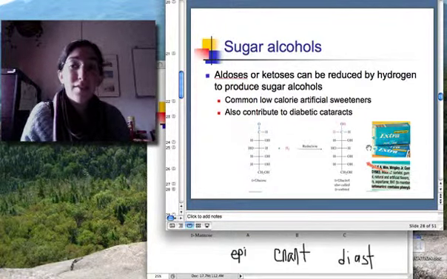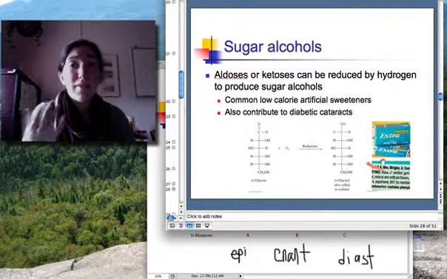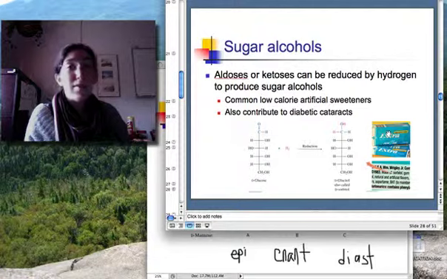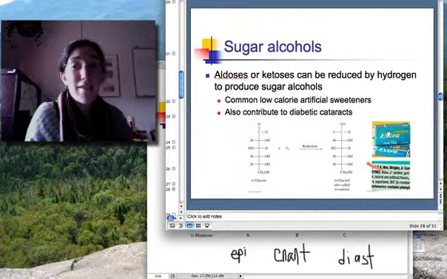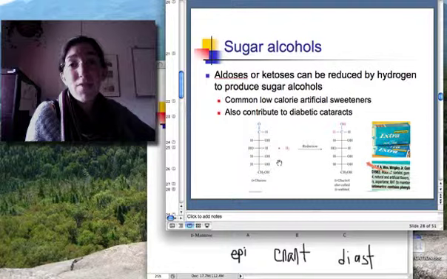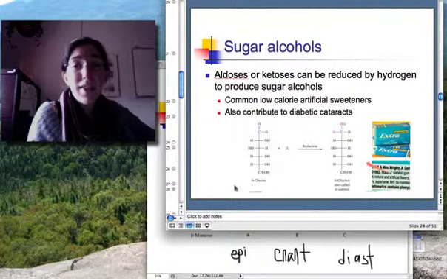And they are used in a lot of sugarless chewing gum because they don't result in cavities. And they can be used in other foods to reduce the calories from sugar. Also, consider the formation of sugar alcohols in diabetics. Diabetics essentially have trouble regulating their blood sugar levels, so they have far too much glucose running around in their blood.